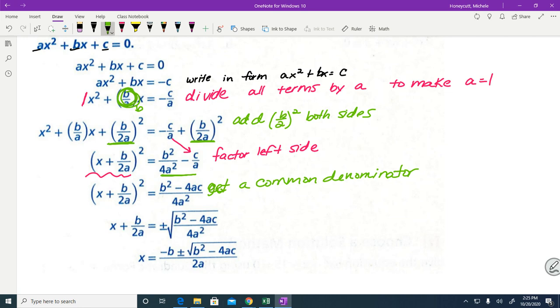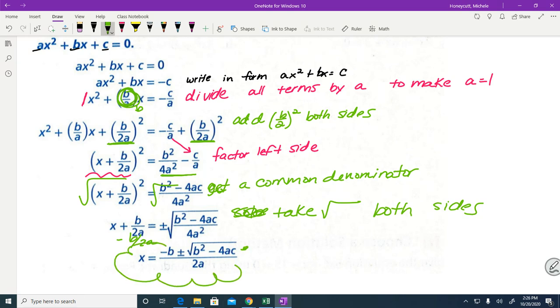Then they solved by taking square roots. Or in other words, they took the square root of both sides. And then after they took the square root of both sides, they just subtracted b over 2a on both sides and got a common denominator again and ended up with this.